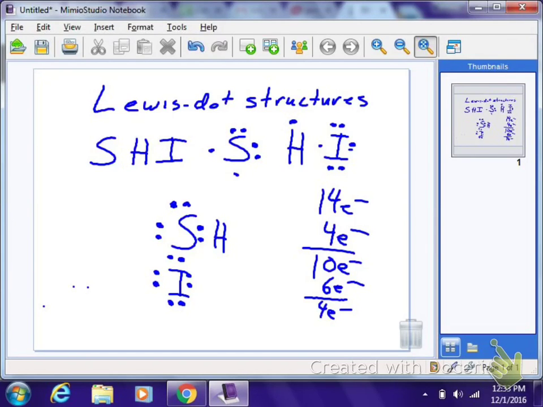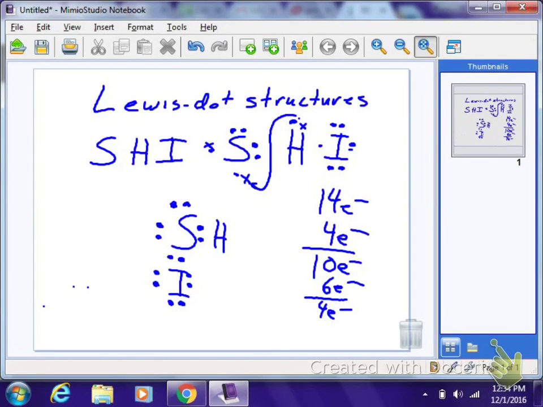Let's take a look at our original ones. So here's sulfur. Sulfur needed 1 there and 1 there to get 8. Hydrogen needed that 1, so the hydrogen would go there.